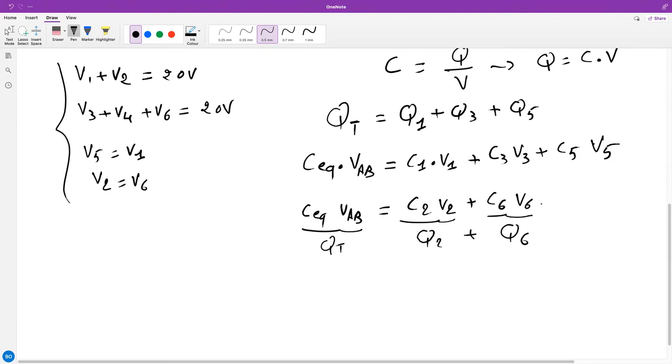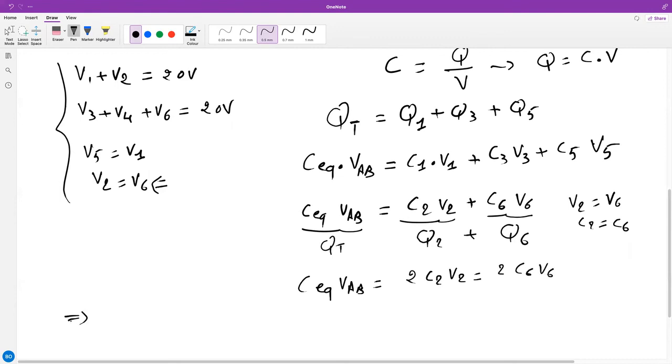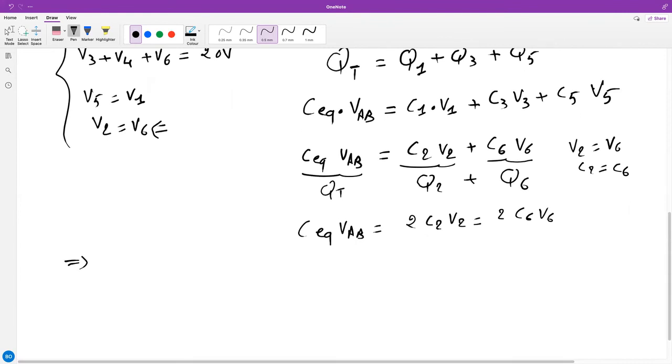We also know that V2 is equal to V6 and C2 is equal to C6, and C2 and C6 are both 3 microfarad. So this means that C equivalent times VAB is equal to 2 times C2 V2, or 2 times C6 V6. Now, let's take one of them. This means that C2 V2 is equal to C equivalent VAB divided by 2.